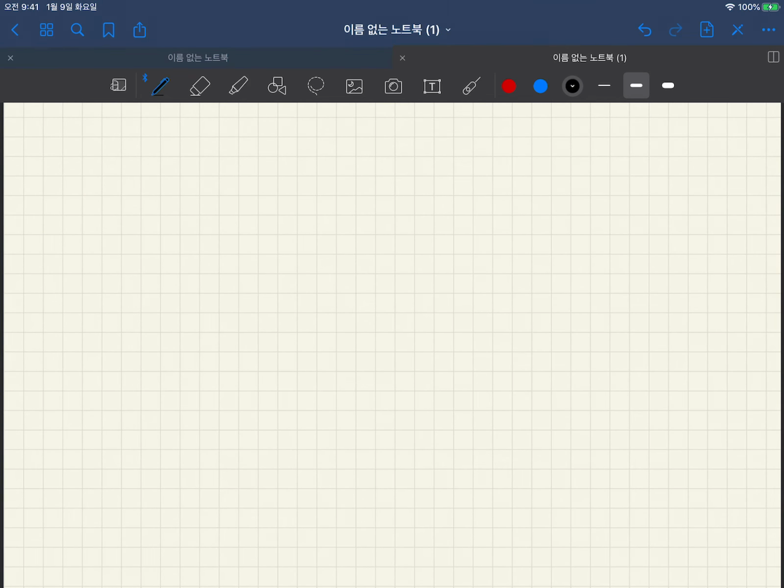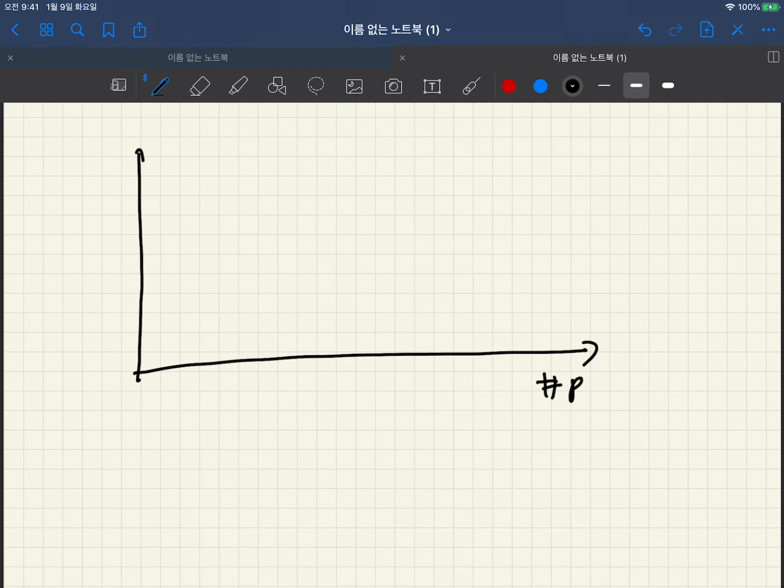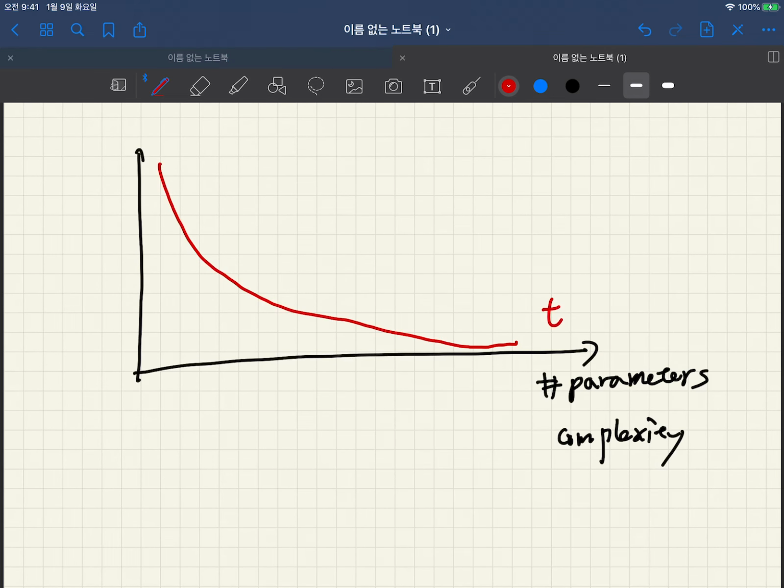So when you draw this kind of figure, the x-axis represents the number of parameters or complexity, and then usually the training error always decreases because you have more degrees of freedom.